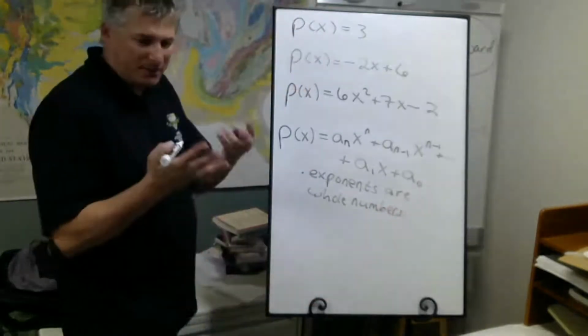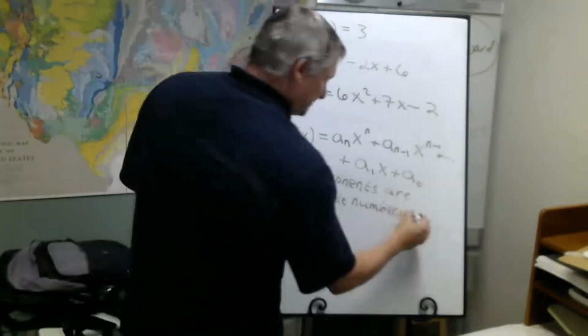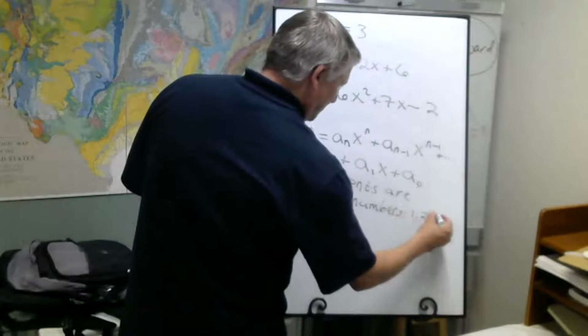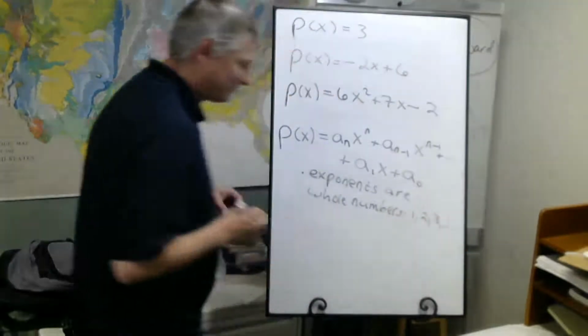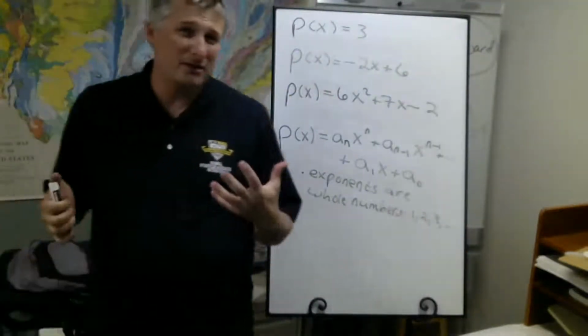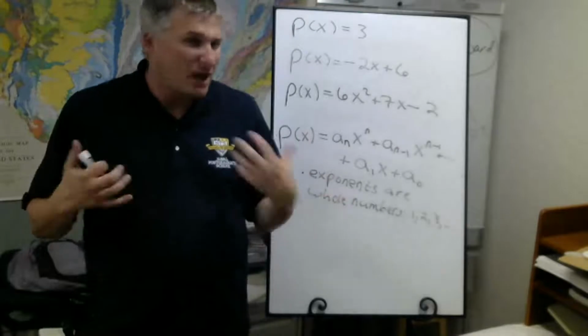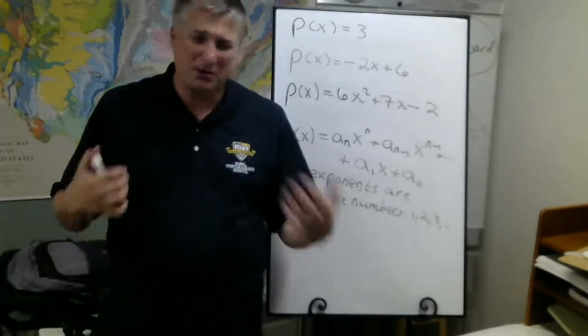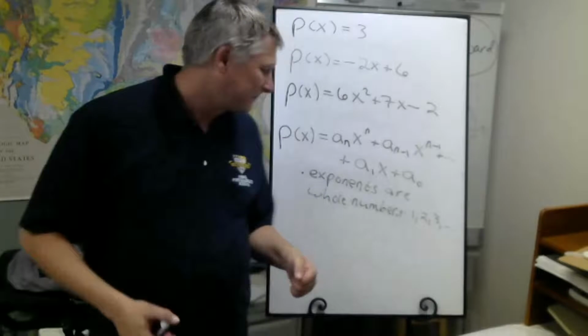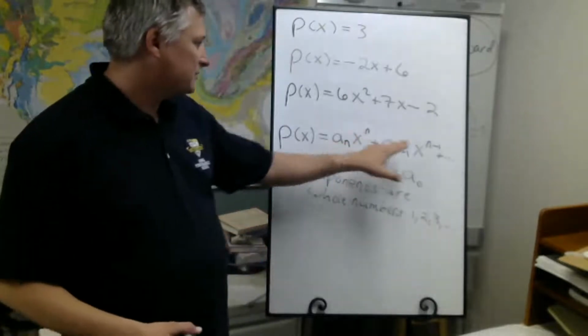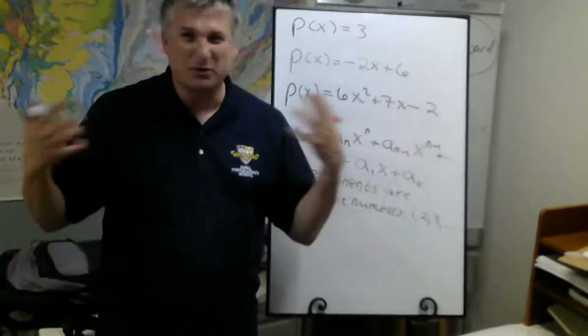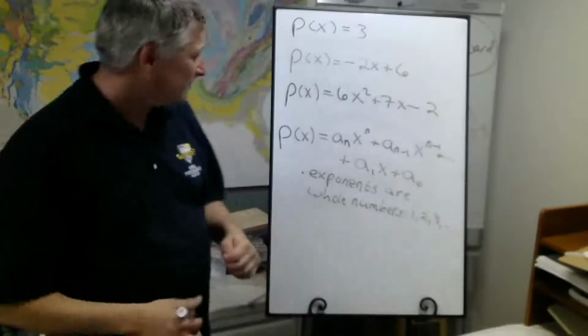Whole numbers are numbers we count on our fingers, like 1, 2, 3, and so on. We're not looking at fractions. We're not looking at decimals. We're not looking at numbers that could be negative. For the exponents, we're looking at whole numbers: 1, 2, 3, 4, 5, and so on.